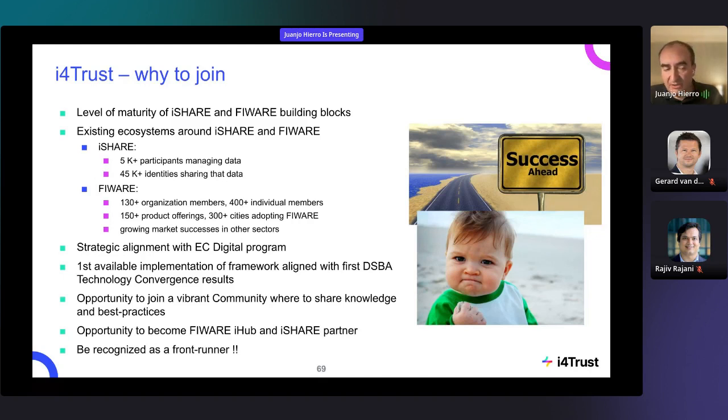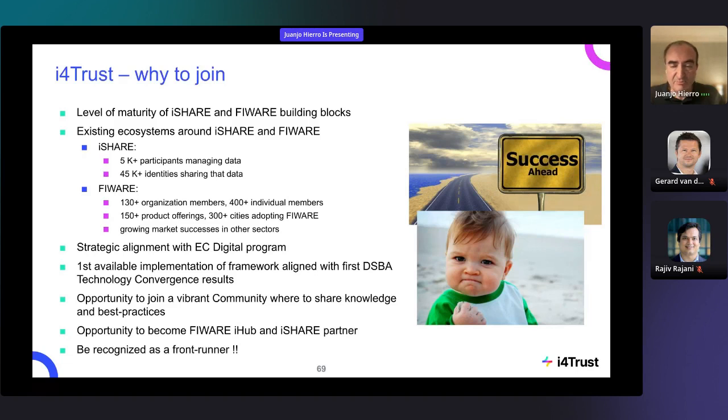FIWARE already involves more than 130 organization members and a lot of individual members participating in the initiative, with a real presence in the market, with multiple product offerings based on systems developed with the digital twin approach. It has a number of components that are strategically aligned with the European Commission Digital Europe program.